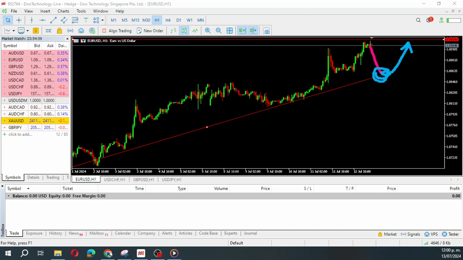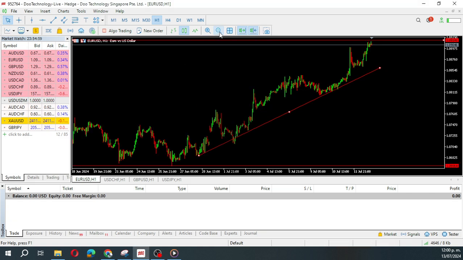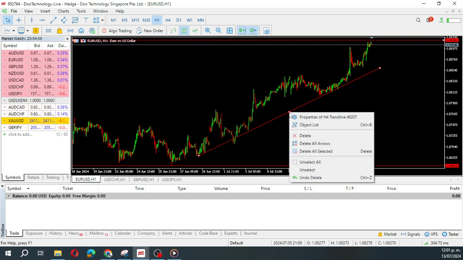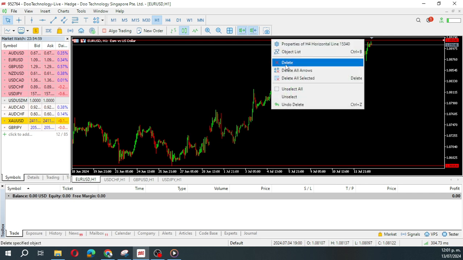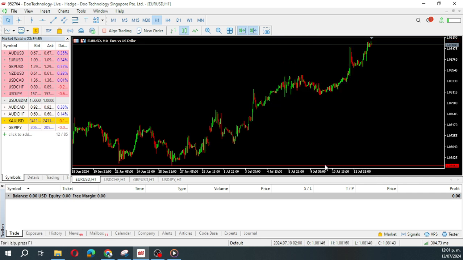You have the ability to see patterns clearly, because if you don't draw trend lines, if you don't draw resistance and support areas, you will see only a random movement.